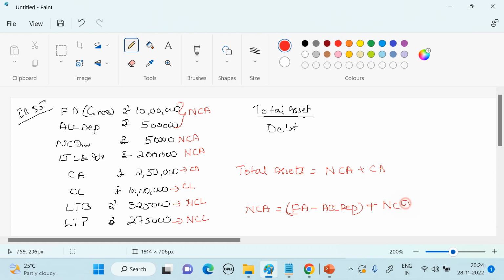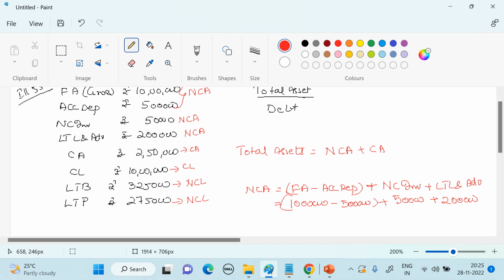So fixed asset 10 lakh minus accumulated depreciation of 5 lakhs plus non-current investment of 50,000 and long-term loans and advances of 2 lakhs.